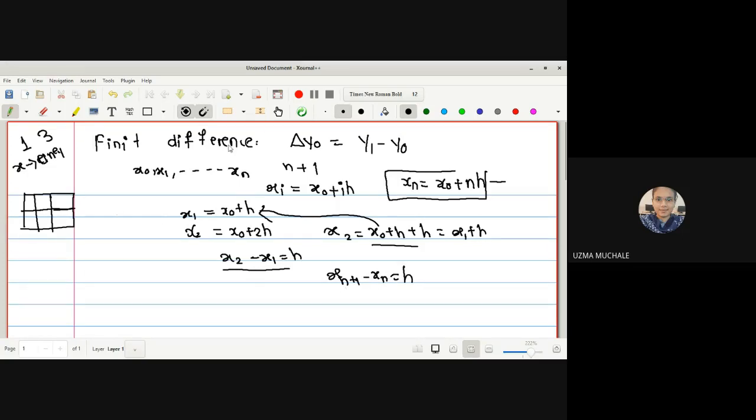So in finite differences, we have one more condition, that is the values of x are equally distributed. Then only we can use this for interpolation.